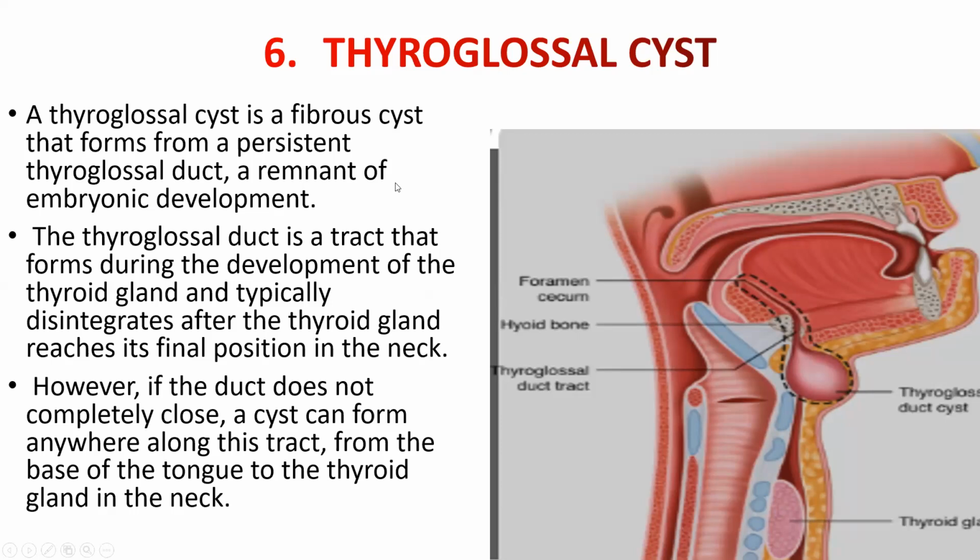Let's discuss thyroglossal cysts. A thyroglossal cyst is a fibrous cyst that forms from persistent thyroglossal duct remnants of the embryonic development.